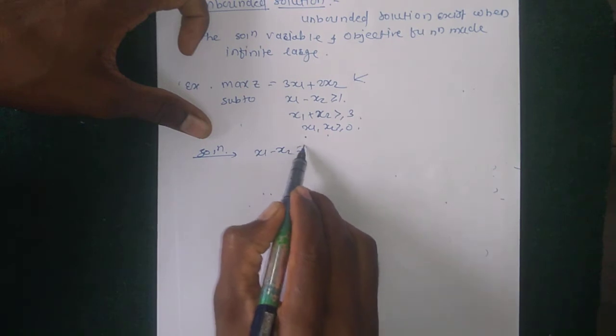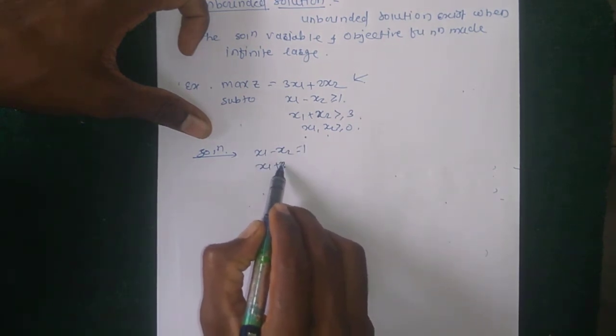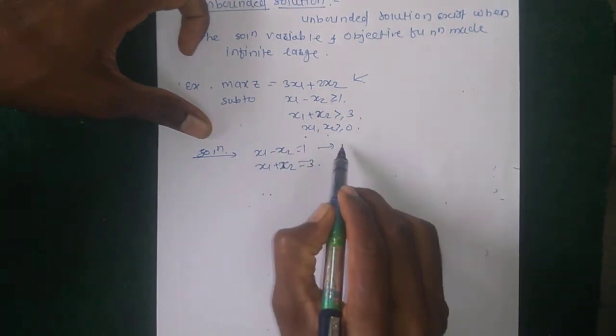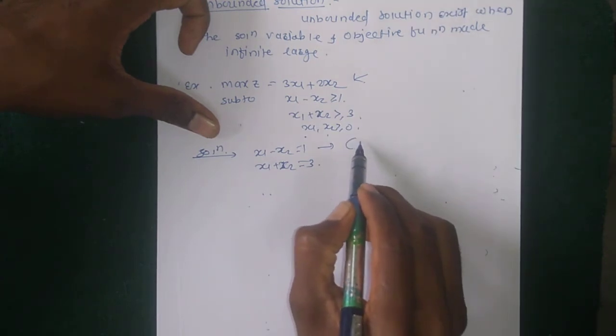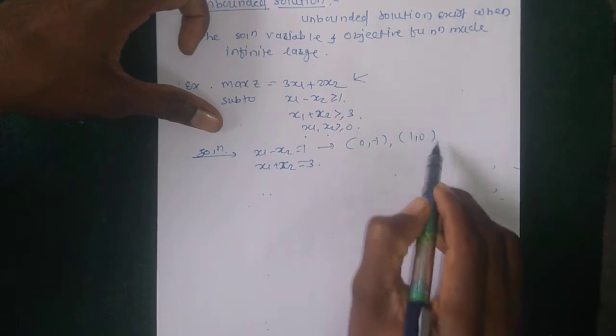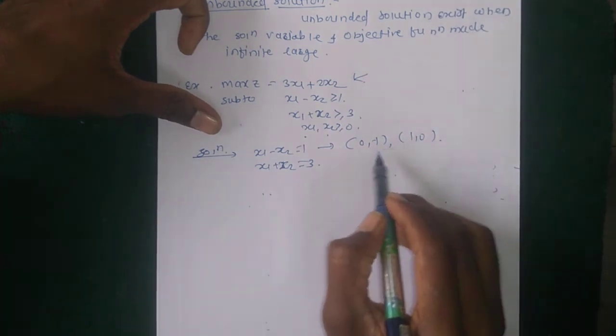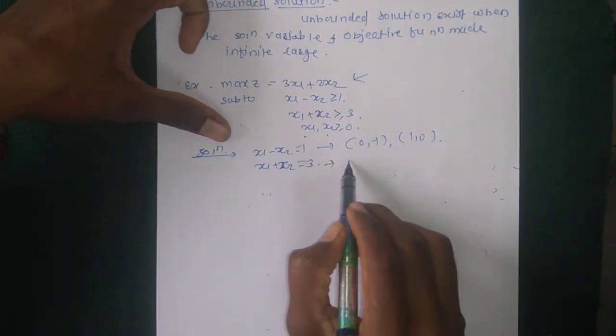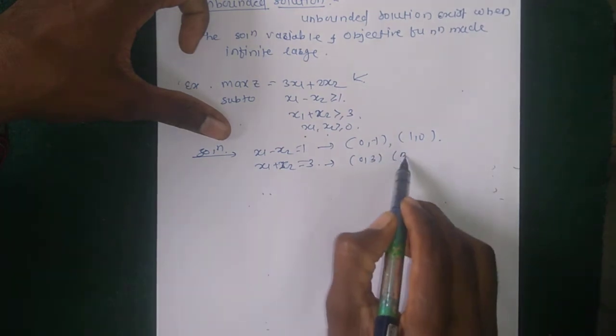So x1 minus x2 is equal to 1 and x1 plus x2 is equal to 3. The points for the first are 0, minus 1 and 1, 0. The points for the second are 0, 3 and 3, 0.